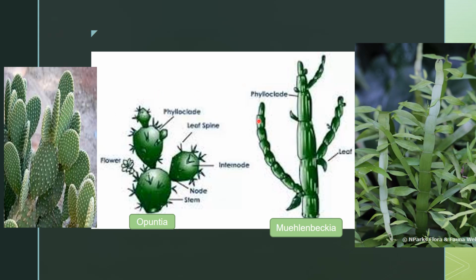So you can see the leaf spines, and there are nodes and internodes, because it's a stem, so it has several nodes and internodes.